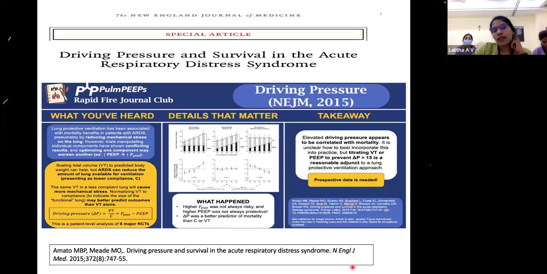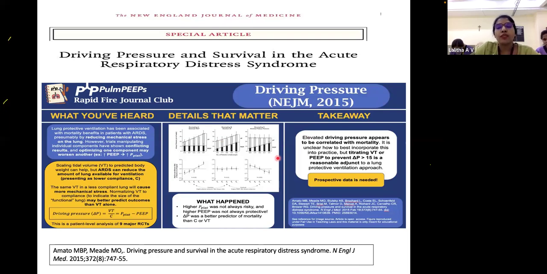Regarding literature review or recent evidence, this is a patient level analysis of 9 RCTs by Amato et al. What they concluded was, they did a lot of permutation and combination where they fixed the P plat or increased the PEEP. But what they observed was that elevated driving pressure appears to be correlated with mortality.